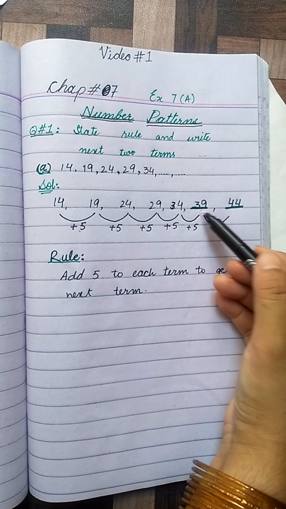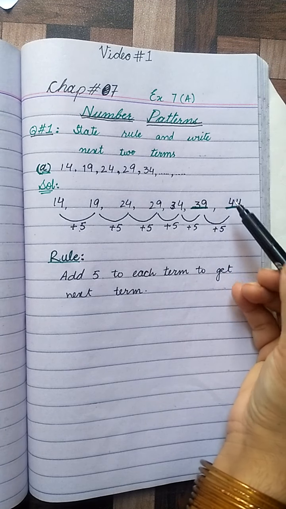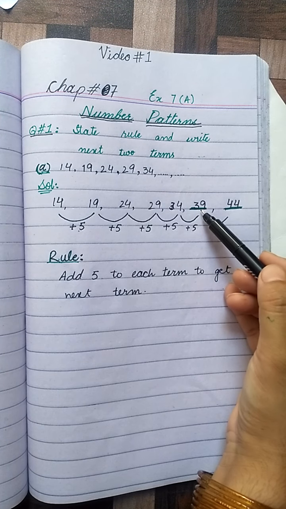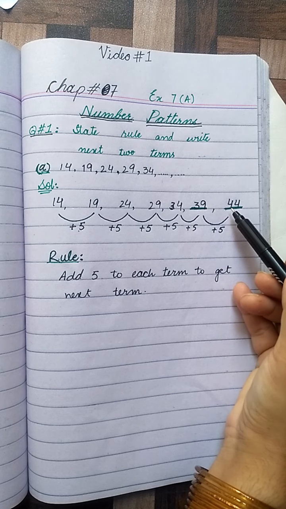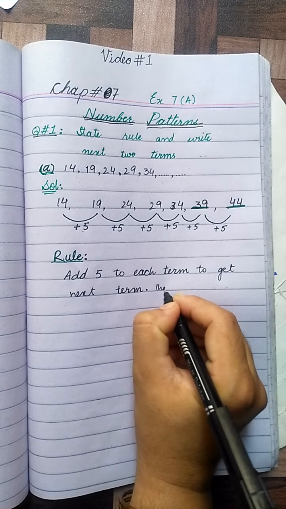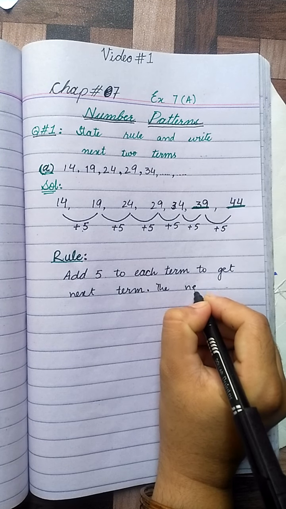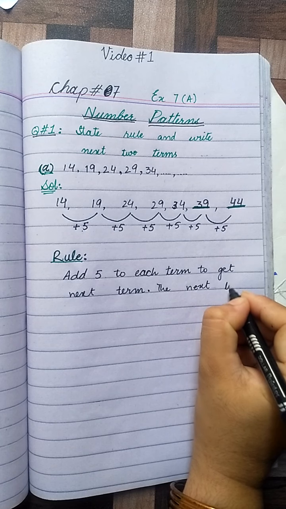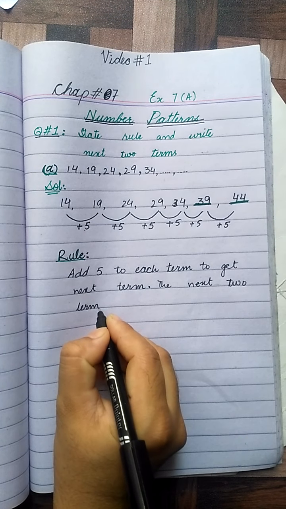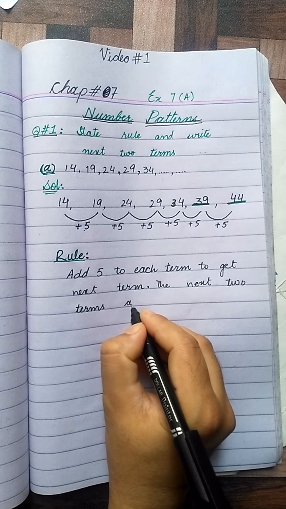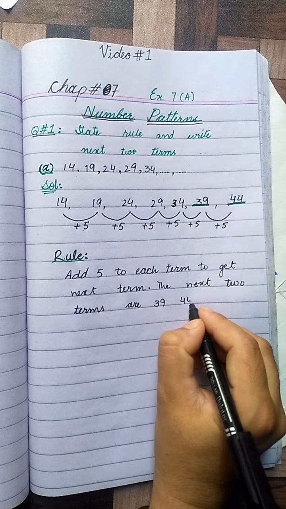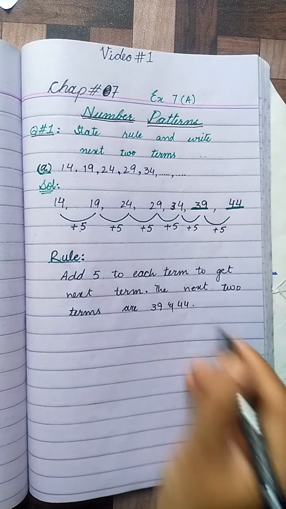As we have found the next two terms, because in the question we have to write the next two terms, we also write here the next two terms are 39 and 44.